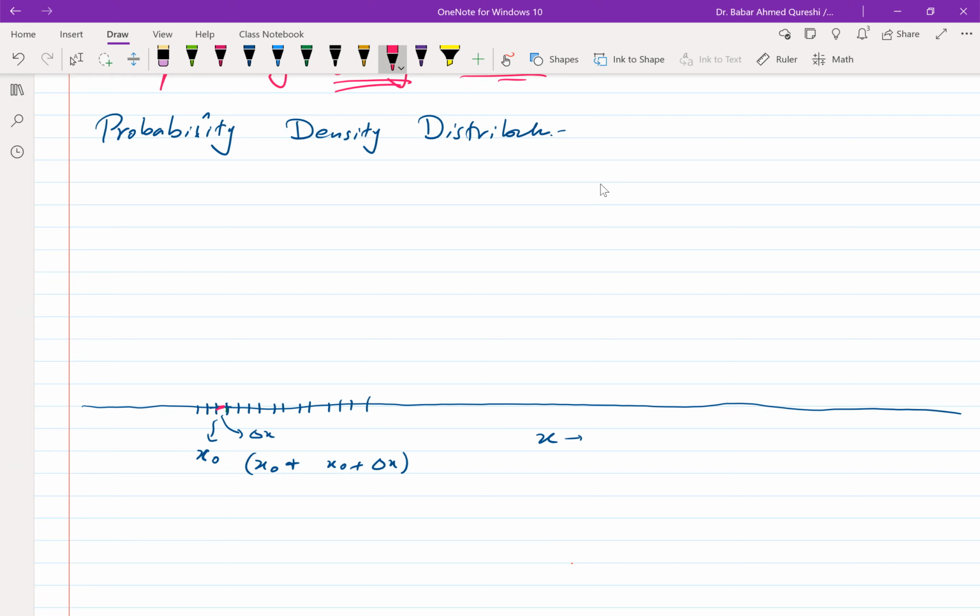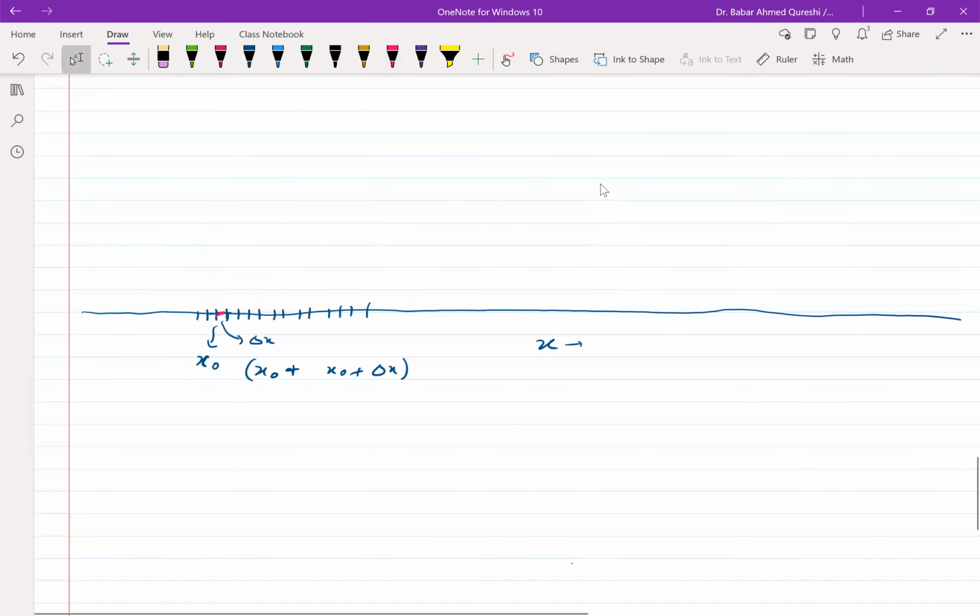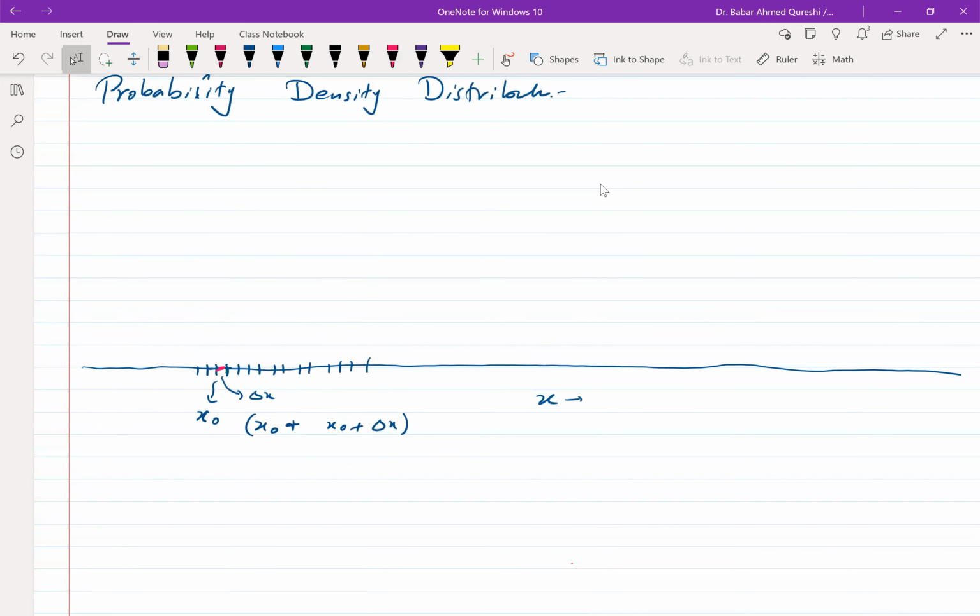To answer these questions, to assign these probabilities, you can define a curve. You can assign it using a function called probability density.